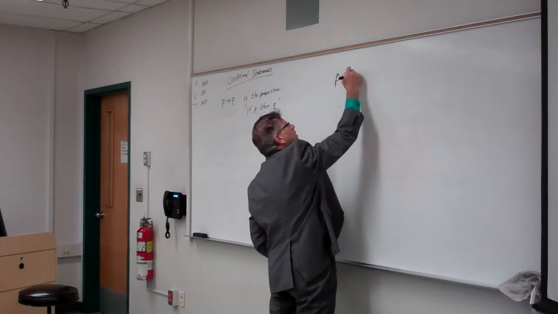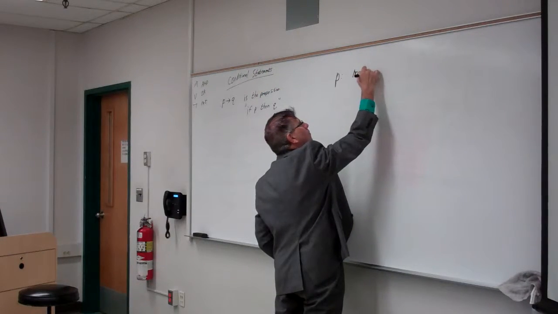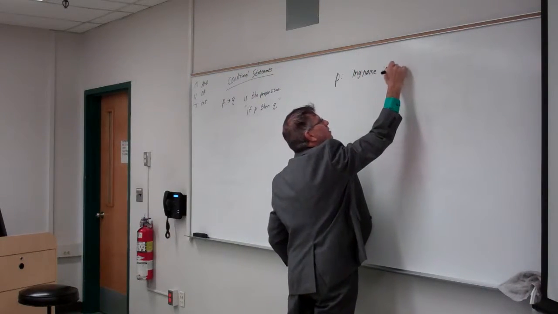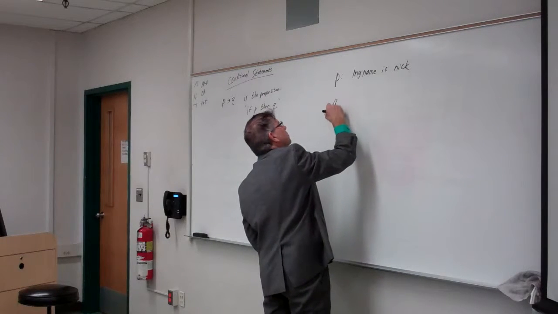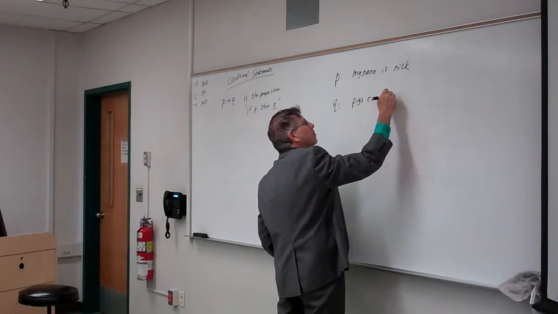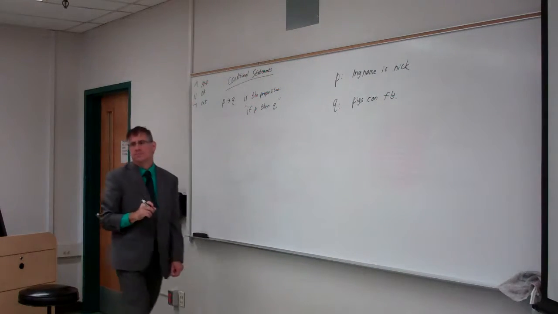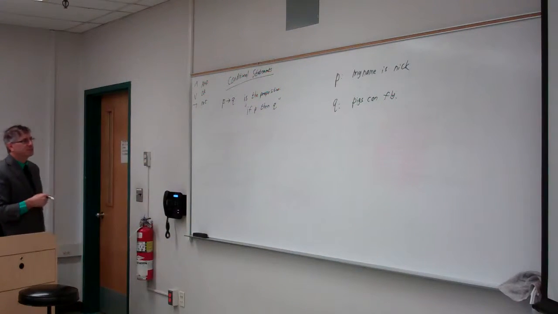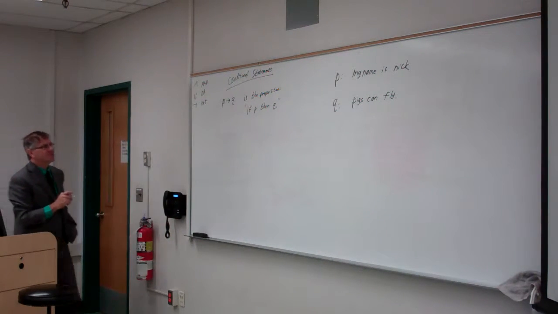So P, my name is Nick, Q, pigs can fly. Pigs can't fly, if you don't know about pigs. So P arrow Q is the proposition.